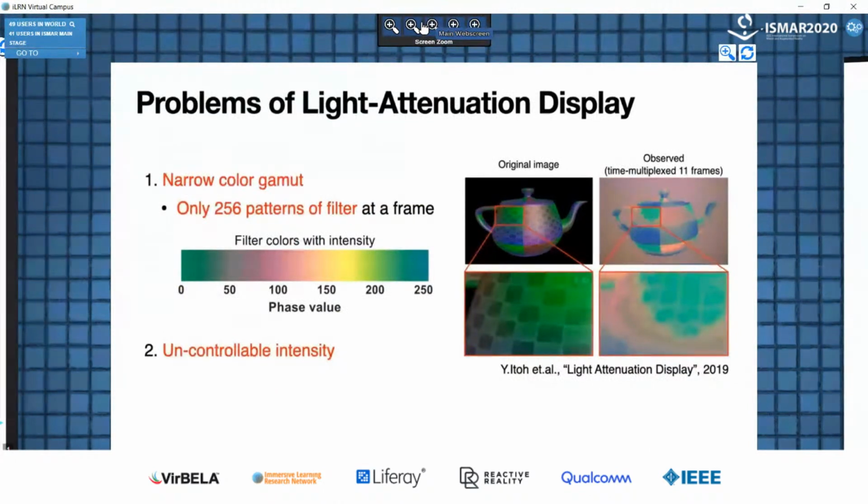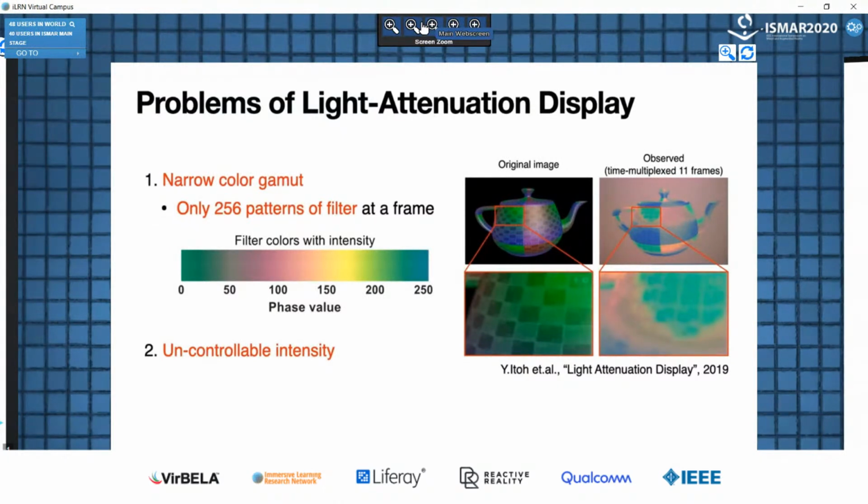Our previous system had two fundamental drawbacks in terms of image quality. The first problem is a narrow color gamut. Because our color filter has a wide peak in the spectral domain, it can show only limited colors among the color space. Also, it can form only 256 patterns of a filter per frame.